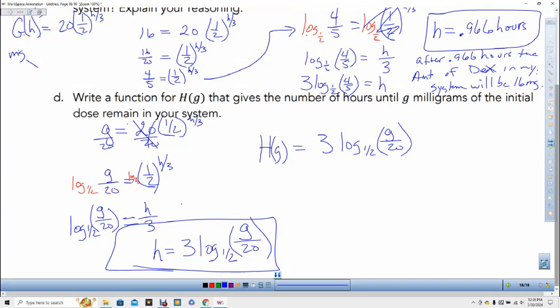All we did was find the inverse. We were going from one to the other in the first 3 parts of the problem. Then the last one they say find an equation that takes us the other direction. And that's all we did.